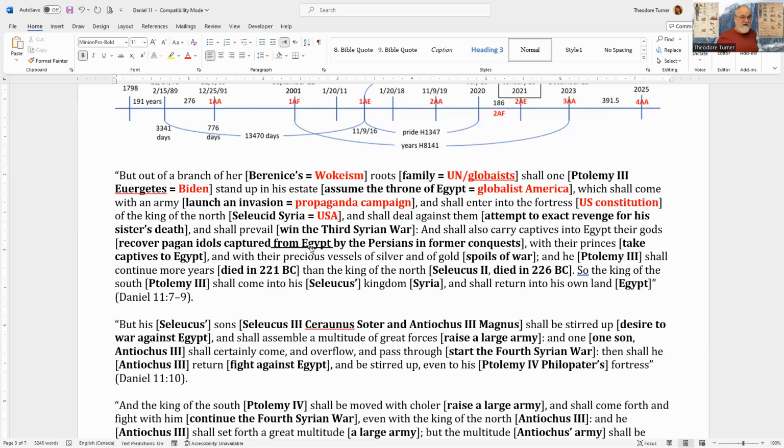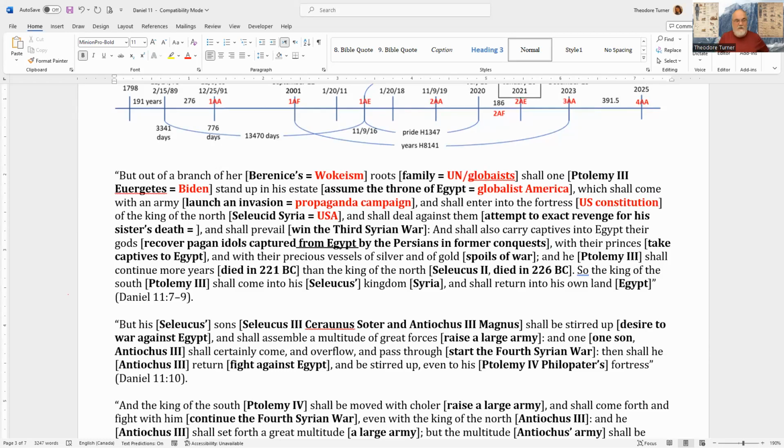Now, is there any sense of an act of revenge going on in the US now? And what is that act exacting? What are they exacting revenge on? For who?